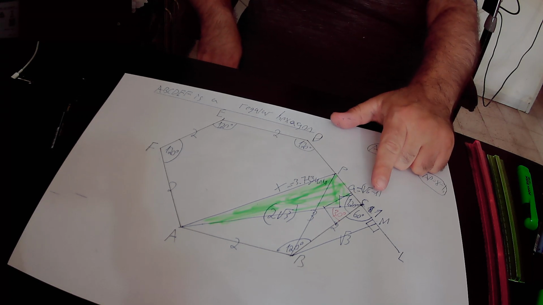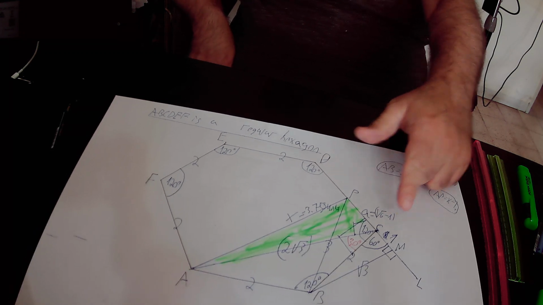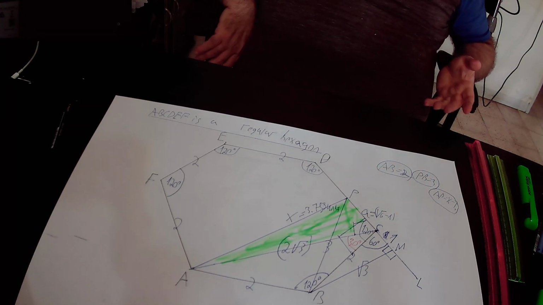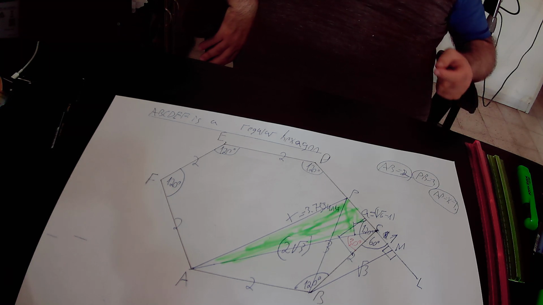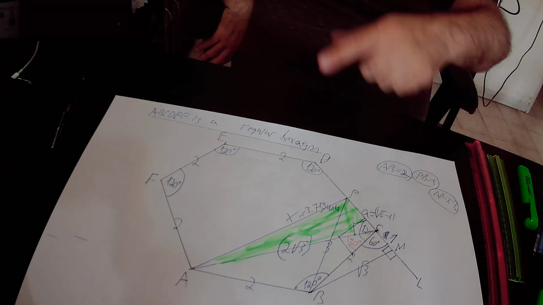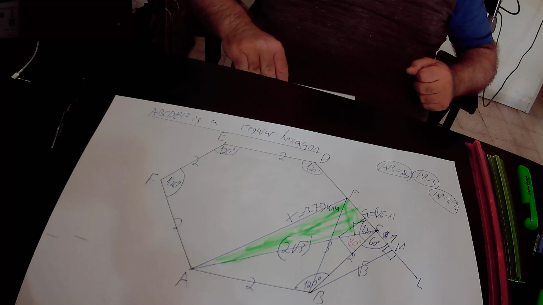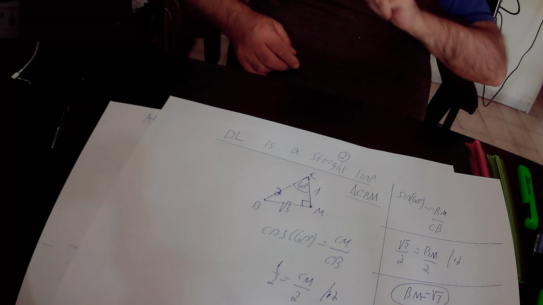DC is one side of this regular hexagon, and it is absolutely a straight line. DC is a straight line, and when we extended it by a straight line, the result DL must also be a straight line. So here we can write down that DL is a straight line.